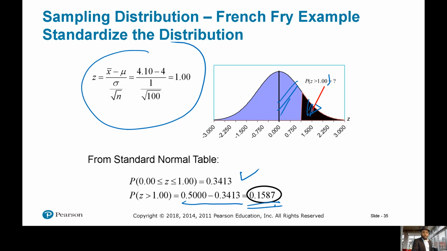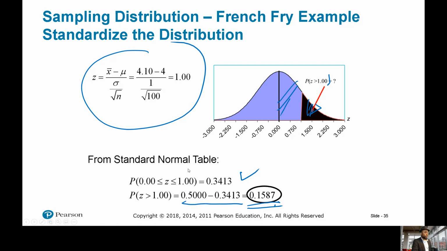Some of you have asked, what if we want to enter the values directly in Minitab without computing the z value? I do not recommend going that route. However, if you want to do that, for your standard deviation you will be entering 1 divided by the square root of 100, and not 1.